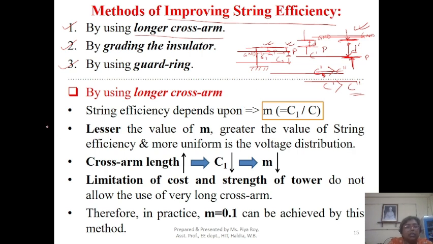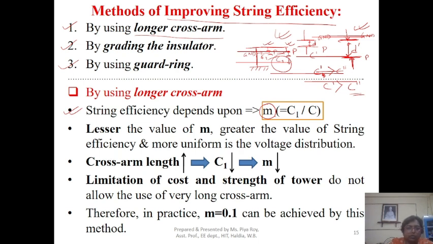So by using a longer cross arm, as mentioned in the first point, string efficiency depends on this small m, which is equal to C1 divided by C. In this mechanism, by increasing the cross arm, we can control the value of C1. If C1 drops, obviously M drops.